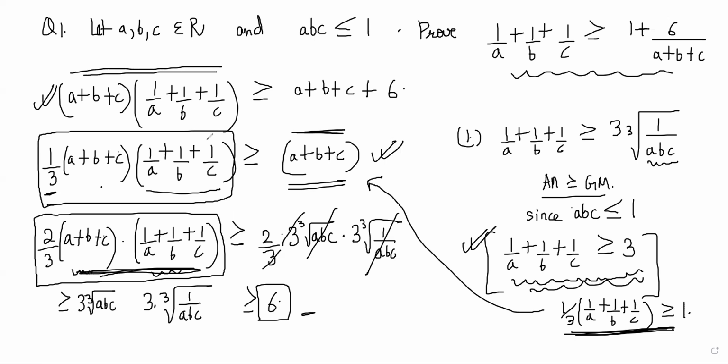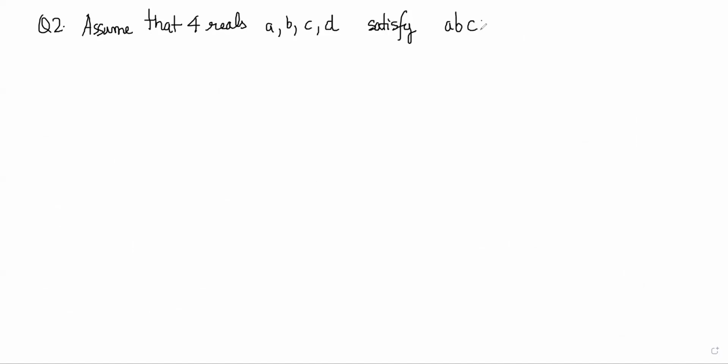Let's move on to the next problem. So here we have question number 2. Assume that four reals A, B, C, D satisfy ABCD is greater than A square plus B square plus C square plus D square.